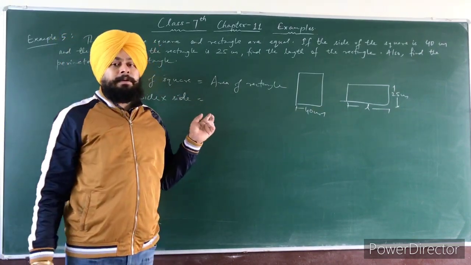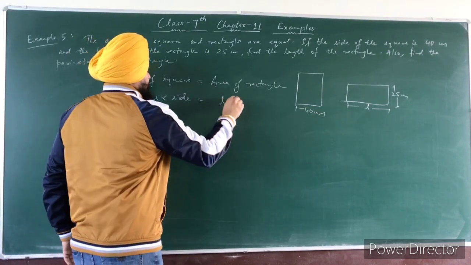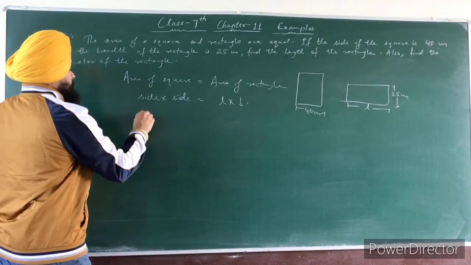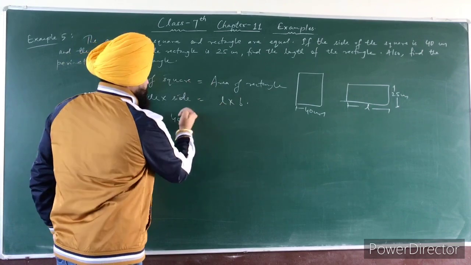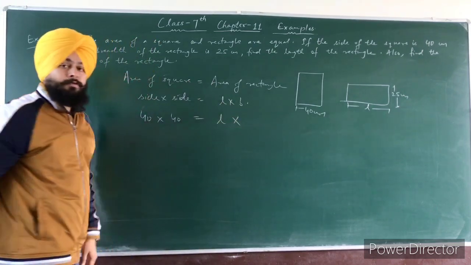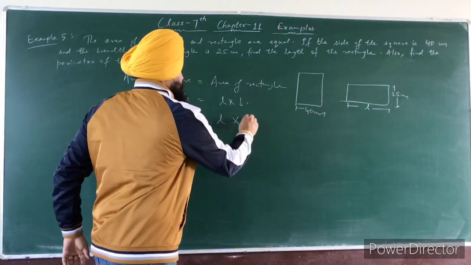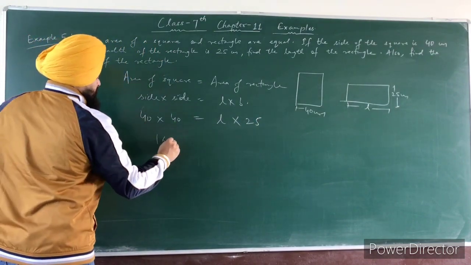Area of square is side multiply side, and the area of rectangle is length multiply breadth. Side of square is given, that is 40, and the length we have to find, and the breadth is given 25 centimeter. So 4 times 4 is 16, 1600.